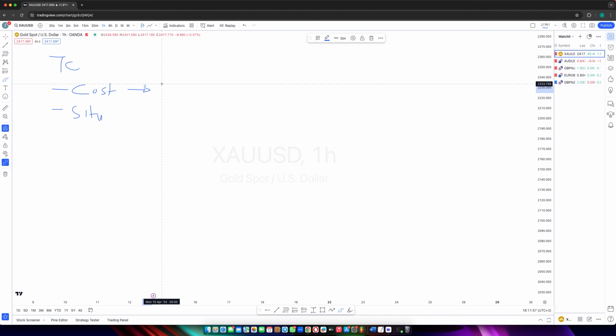So these are the ones that give us the real, or true, trend. But the situational time frames are those which follow what the constant time frame says.